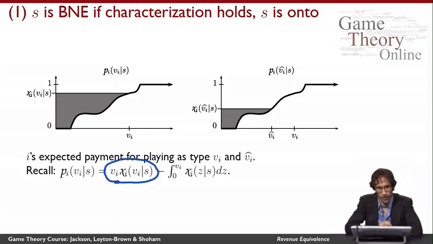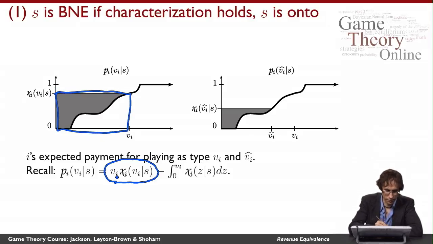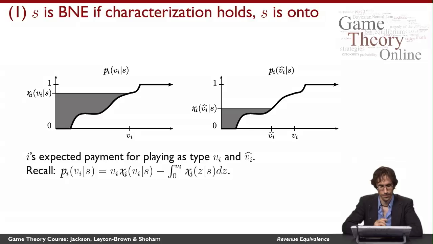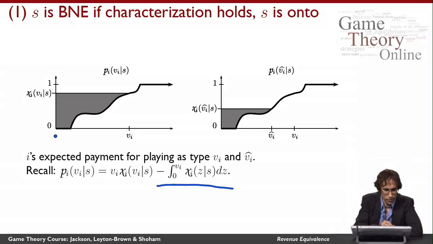Well, this first term here is the one that we've been thinking about all along, right? That's the area of the rectangle, right? vi multiplied by xi of vi given s, which is that. So it's that whole shaded region that we just looked at on the previous slide. Now, what are we subtracting here? This is the integral from 0 to vi of xi of z given s.